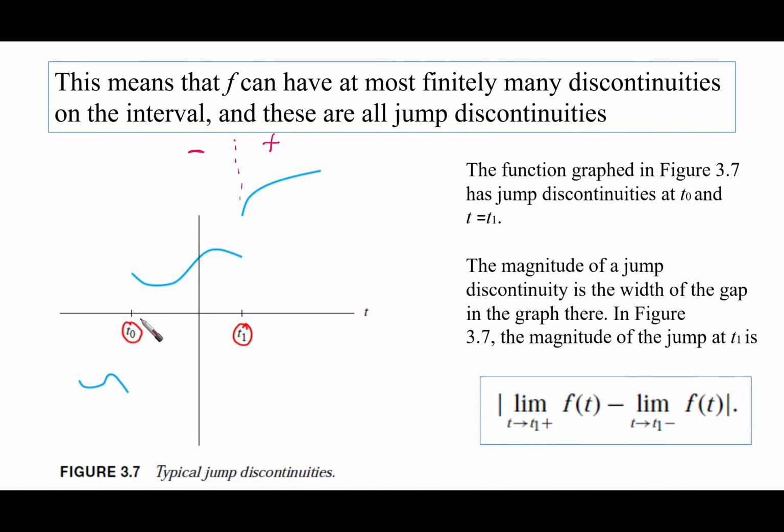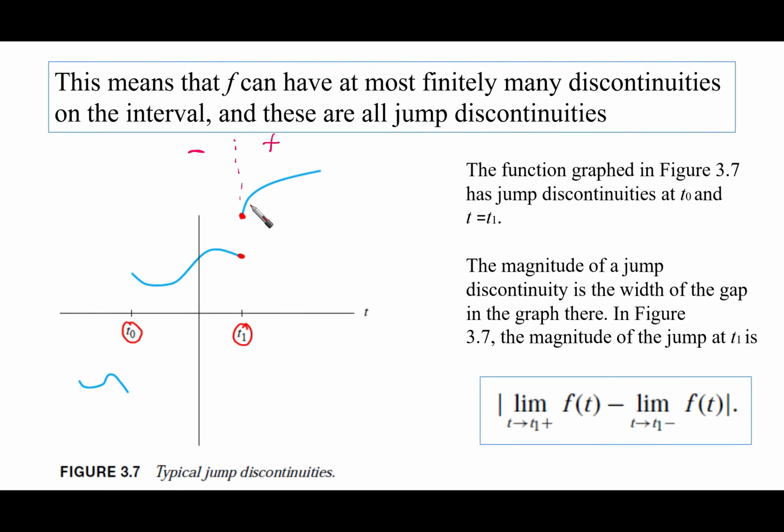The magnitude of the jump here is the width of this gap, and this magnitude is going to be the absolute value of what? If we say this point minus this point, it will give us the difference here. This point actually belongs to this part of the function, right?